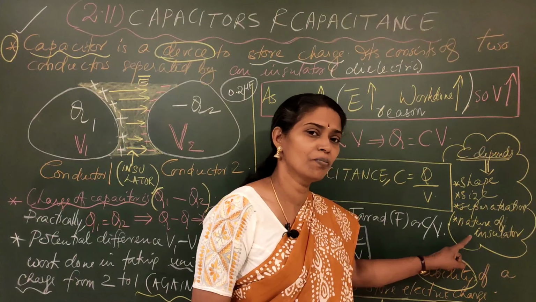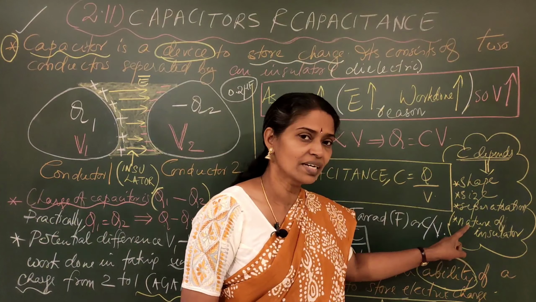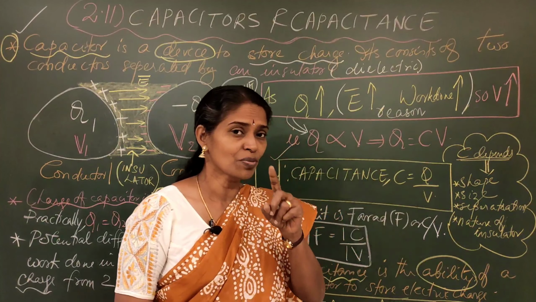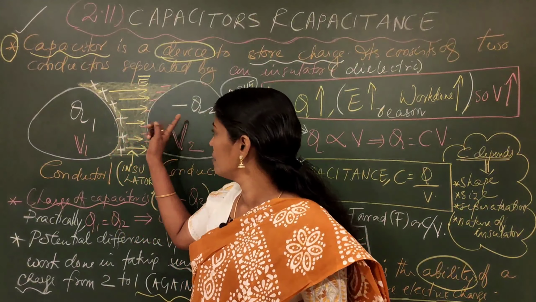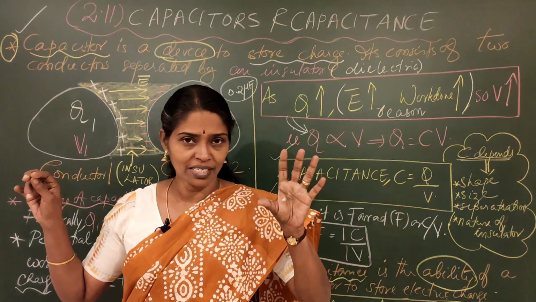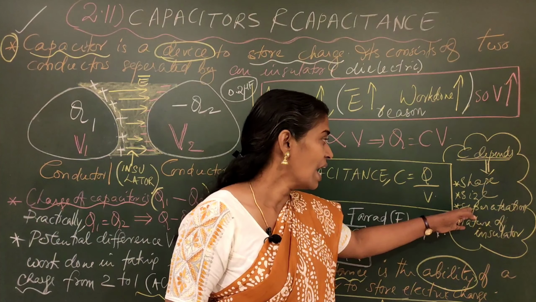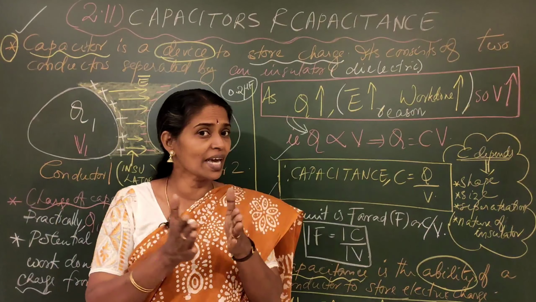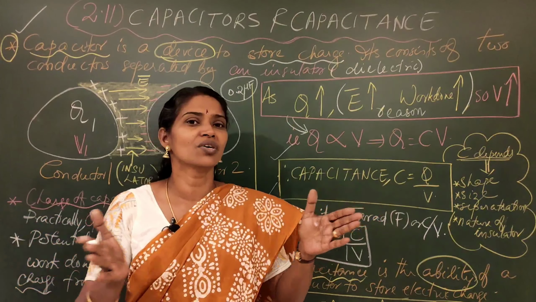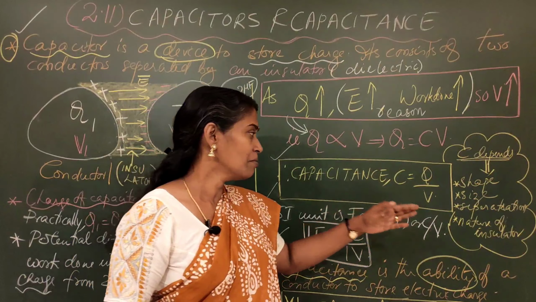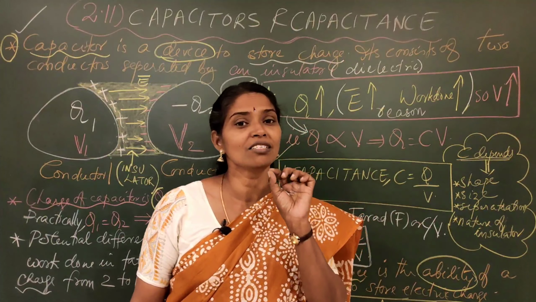This is a very, very important word, nature of the insulator. I'll come back to it. So it depends on shape. That's what I told you. You can have any shape possible for the conductors. Accordingly, you will have different shape, different size, and the separation. Separation means the gap in between. You can increase or decrease the gap between the two conductors.